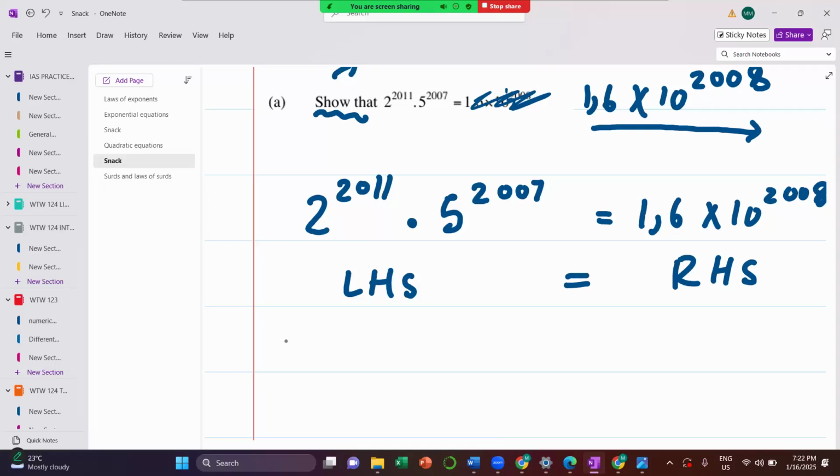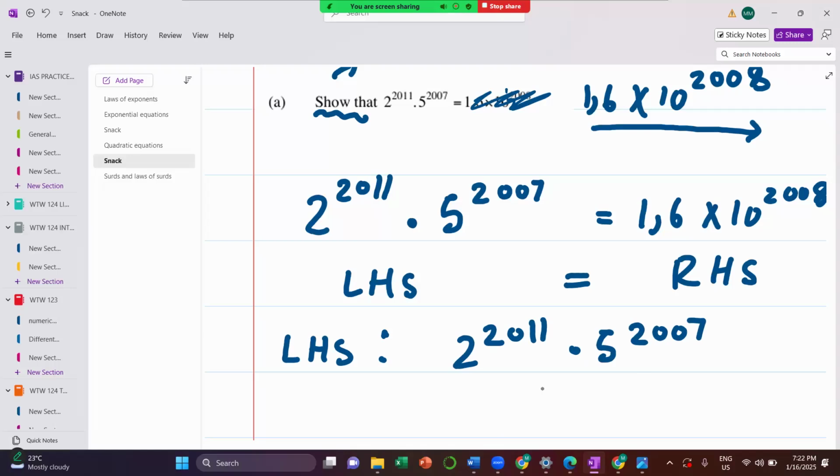So let us start. For the left-hand side, we are given 2 to the exponent of 2011 multiplied by 5 to the exponent of 2007. Remember yesterday, what did I do whenever we are dealing with such large numbers? I looked at the smallest exponent that I have. So I have 2007.